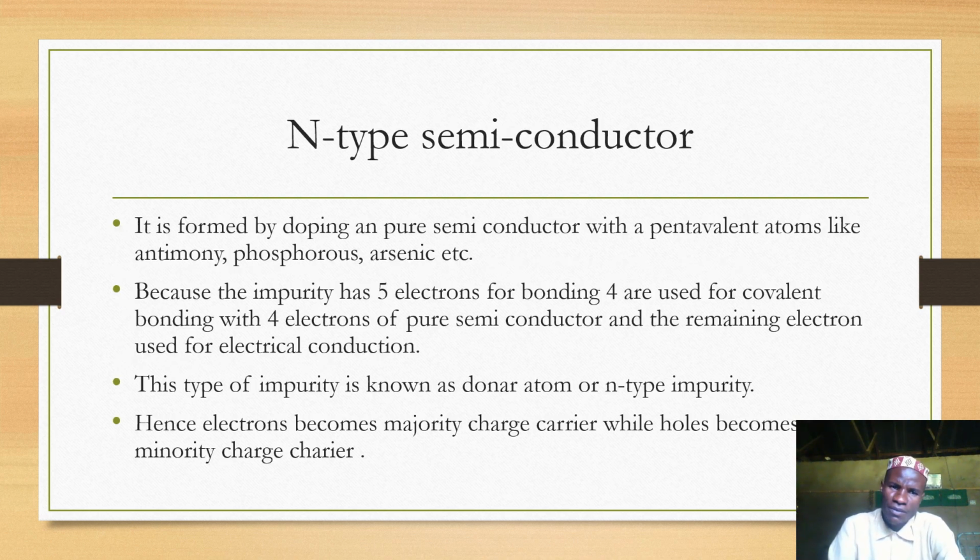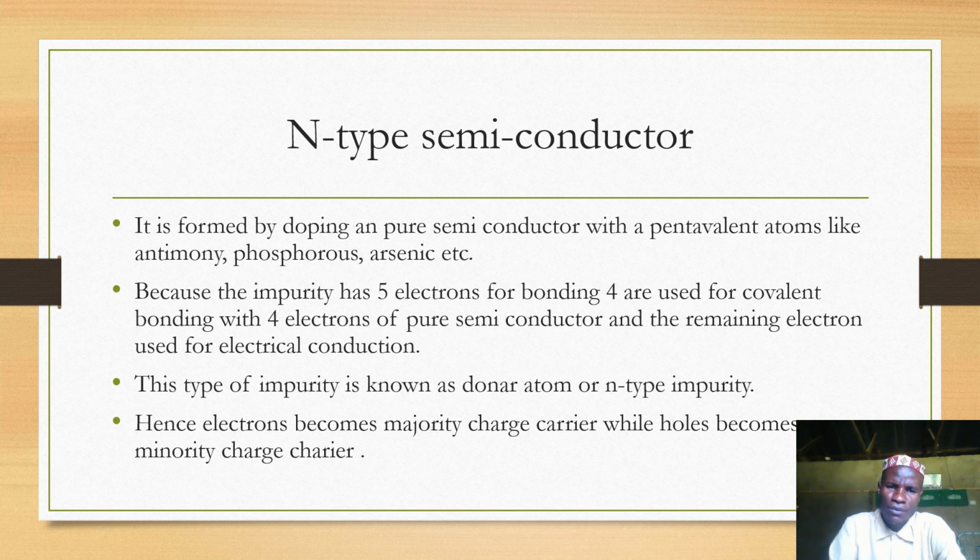An N-type semiconductor is formed by doping a pure semiconductor with pentavalent atoms like antimony, phosphorus, arsenic, etc. Because the impurity has 5 electrons for bonding, 4 are used to form covalent bonds with the 4 electrons of the pure semiconductor, and the remaining 1 electron is used for electrical conductivity.